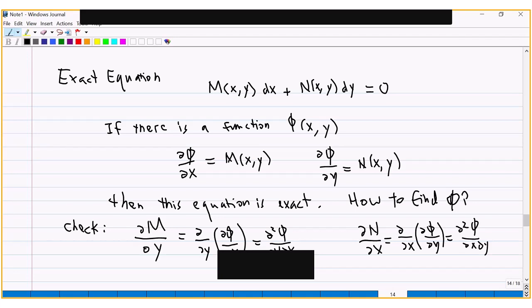So to check whether you have an exact function, it's very easy. You check this function, is it equal to this function?